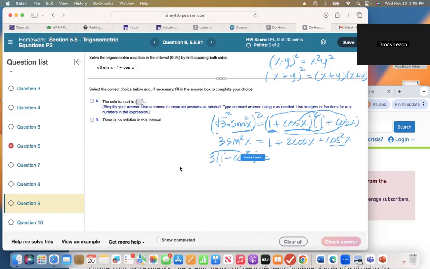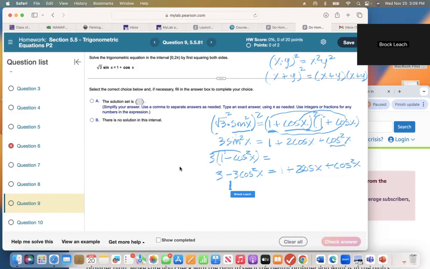And we'll distribute that. And so that's 3 minus 3 cosine squared x equaling everything we have on the other side, 1 plus 2 cosine x plus cosine squared x. Let's set this equal to 0.